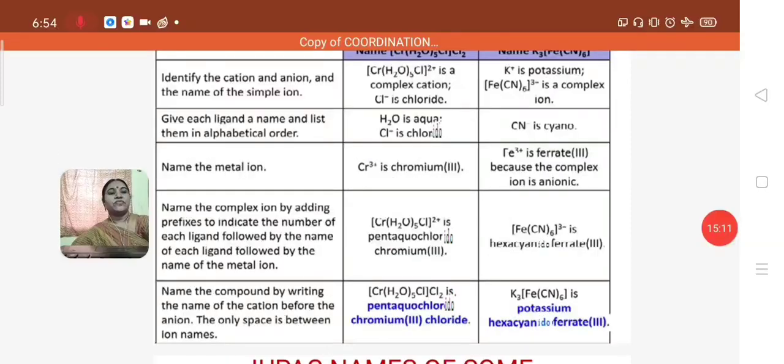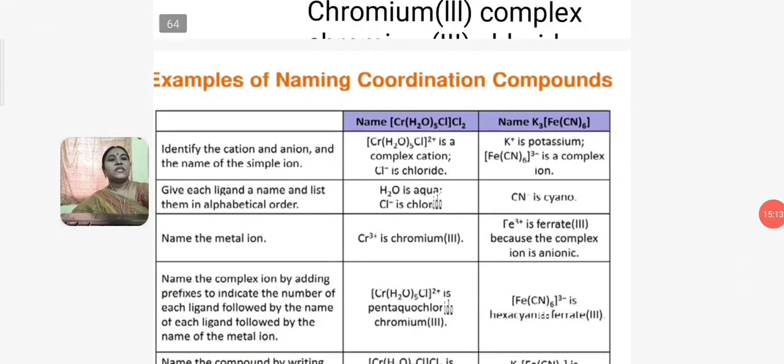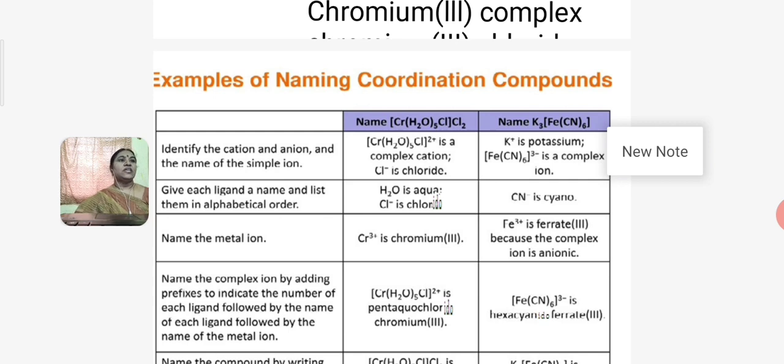Next, name the complex. The next complex is K3[Fe(CN)6]. In this, potassium is the cation and it is an anionic complex, and the anion present is [Fe(CN)6]3-, which is a complex anion, and the ligand present is cyanide. The name of the ligand will be cyano, and because it is a negatively charged ligand, it can be written as cyanido.